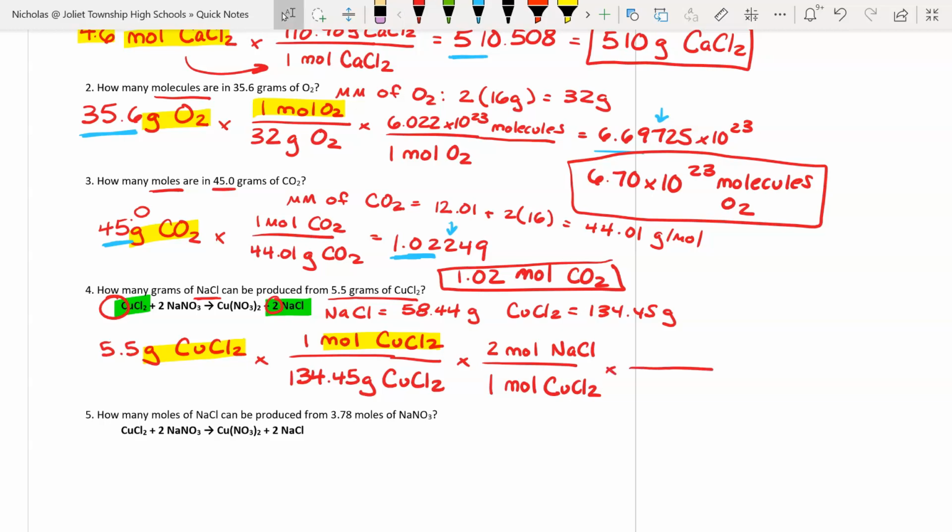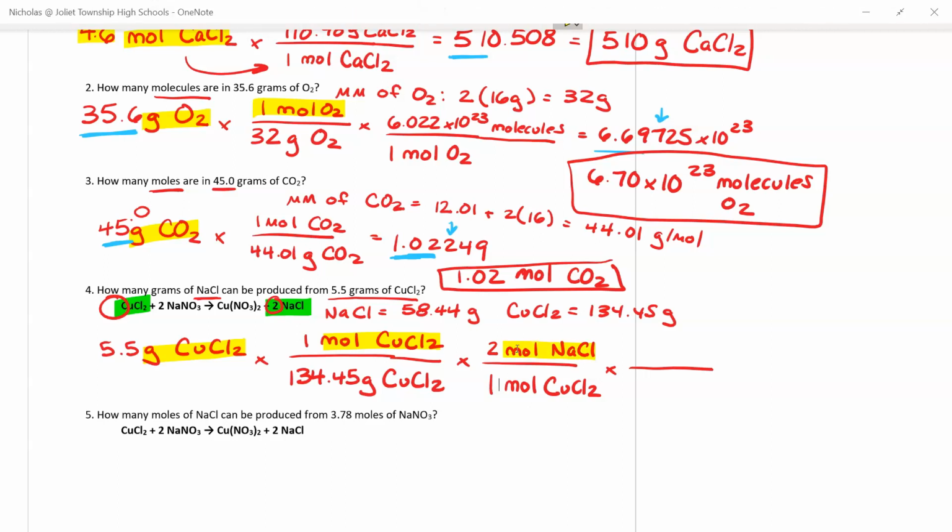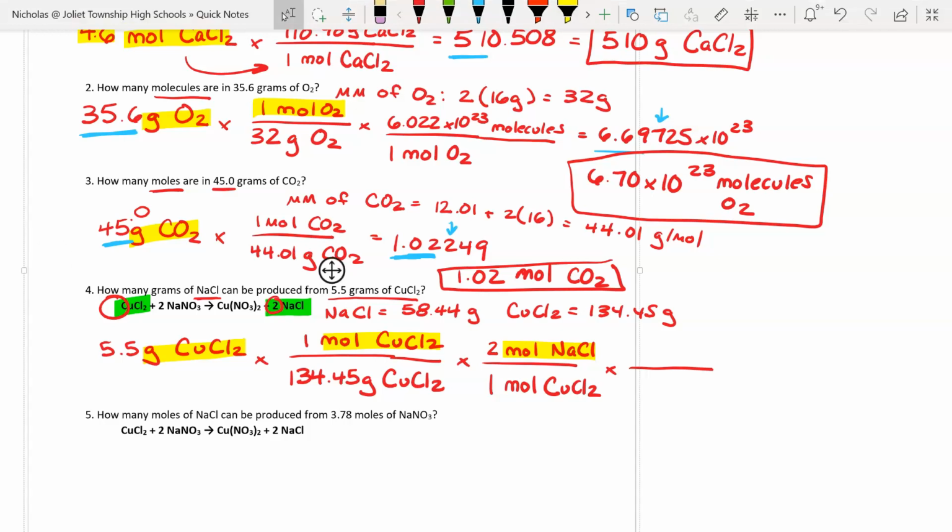Okay, and we're going to need another conversion, because now we're in moles of sodium chloride. Now we need to convert that to grams, because the question's asking us for grams. So if you look, moles are in the numerator of our last conversion. So for every 1 mole of sodium chloride, we're going to have 58.44 grams, and that is the molar mass.